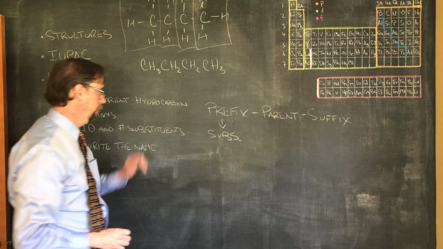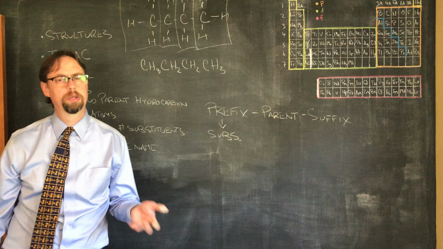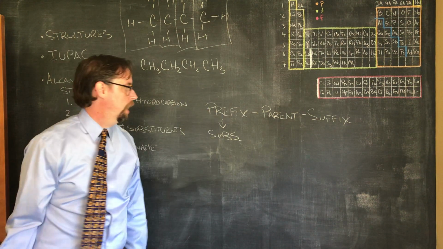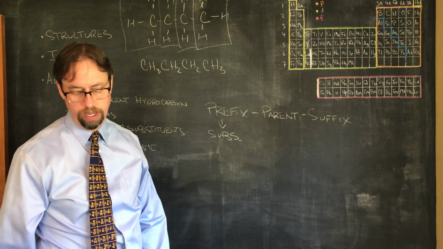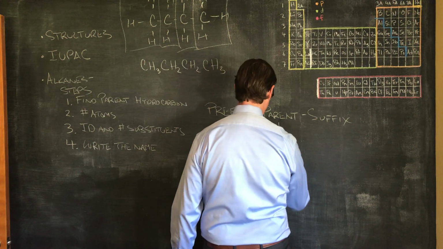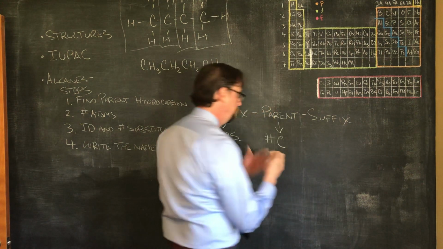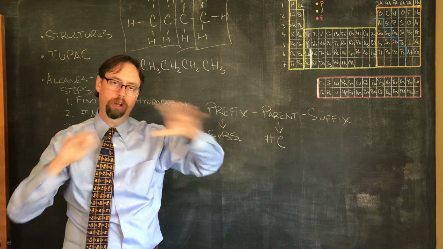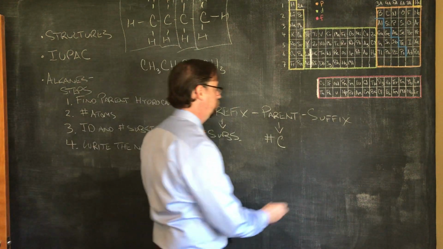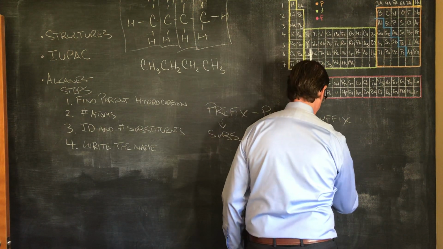I sometimes think of them as branches. They're like extra things that are on the molecule. The parent is going to tell us the number of carbons in the main part of the compound, what we're going to call the main chain of the compound. And then the suffix tells us the family that we're in.